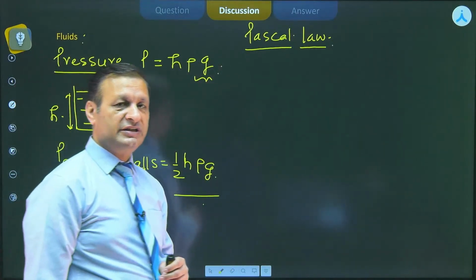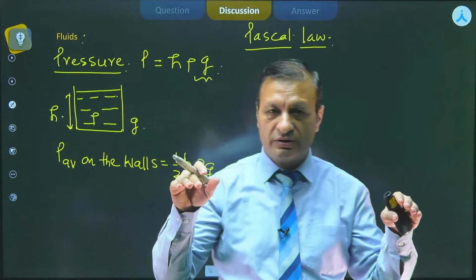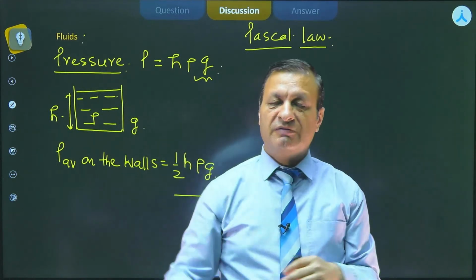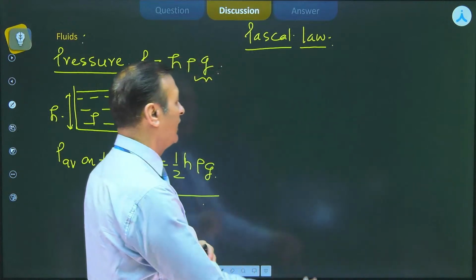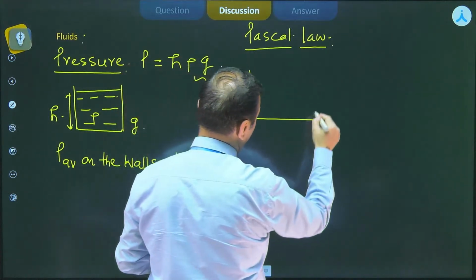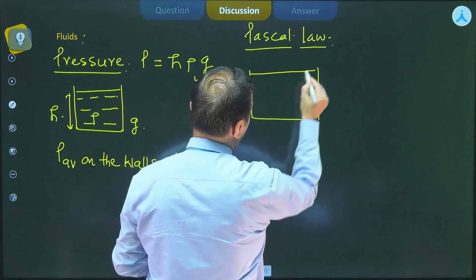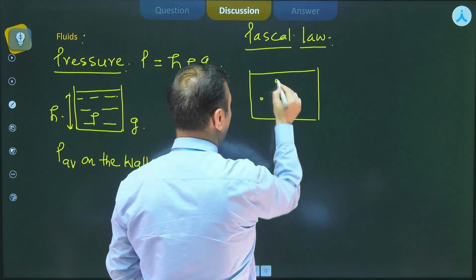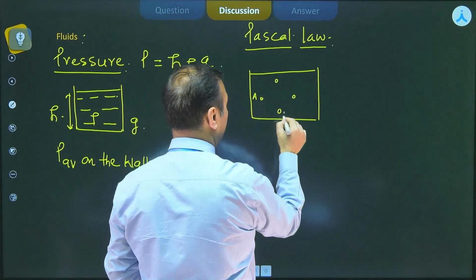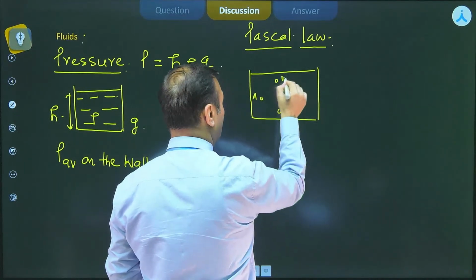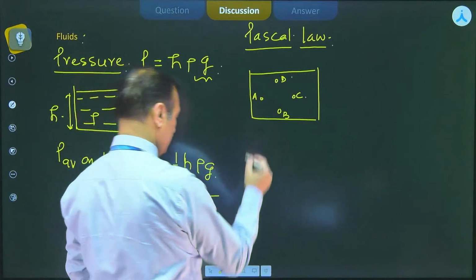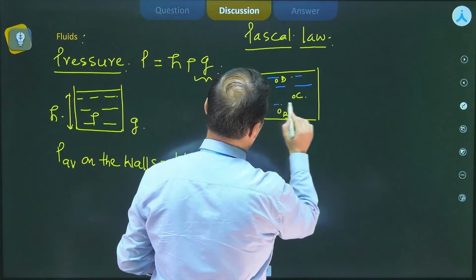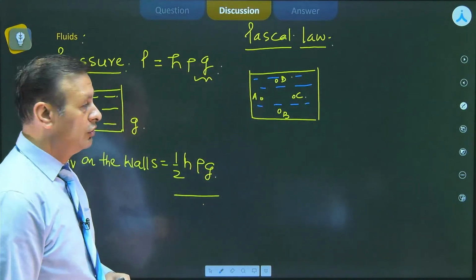So Pascal law says whenever you have a fluid, then whatever particles or points of observation are at the same level in the same fluid, they will all have the same pressure. So just to understand this, I'll consider 4 points. So this is full of fluid.